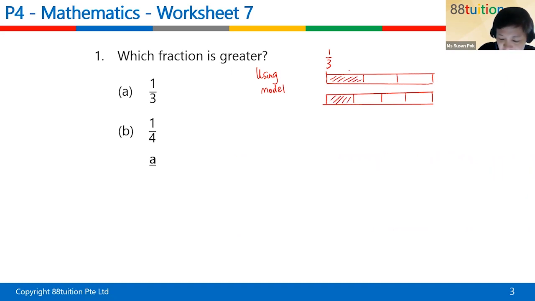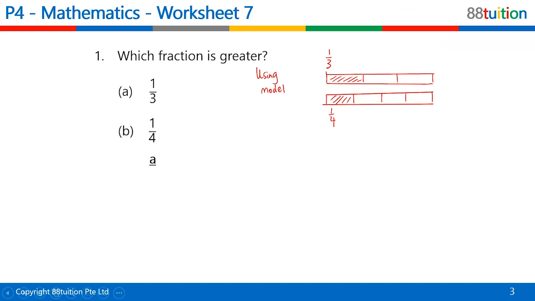As I have just explained, this is a third, this is a quarter. Valerie, are you with me? Just tell me where. 1/3 is bigger than 1/4. Yes, 1/3 is greater than 1/4.